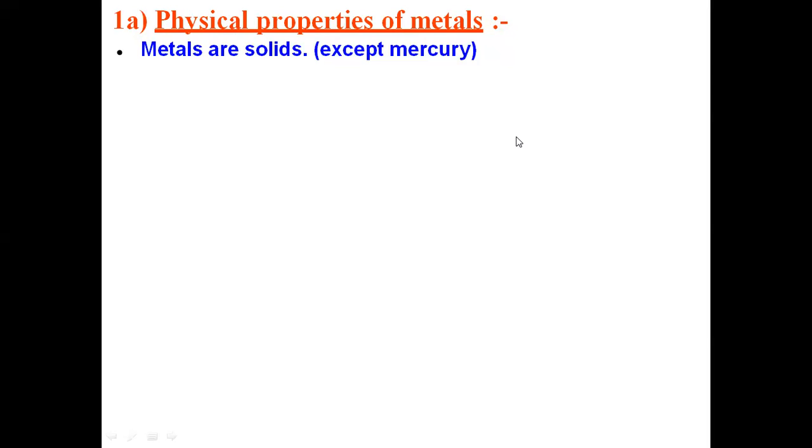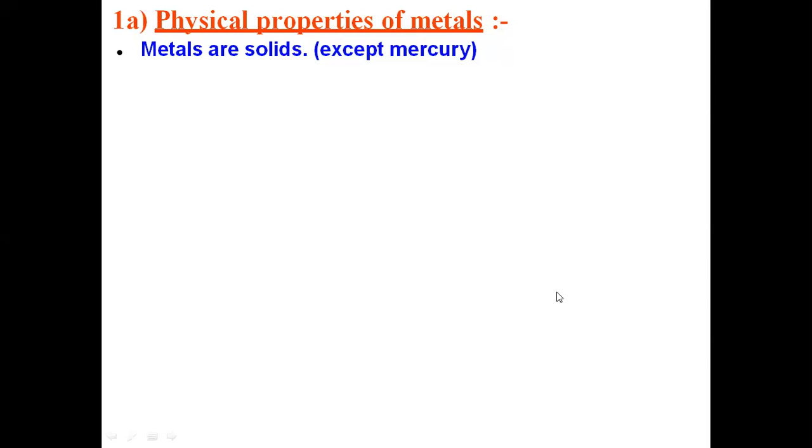Okay, you have seen that mercury, right? In a thermometer also mercury is there. All of you have seen a thermometer. Thermometer also contains mercury. That is the first property of metal, that is, metal is solid except mercury.